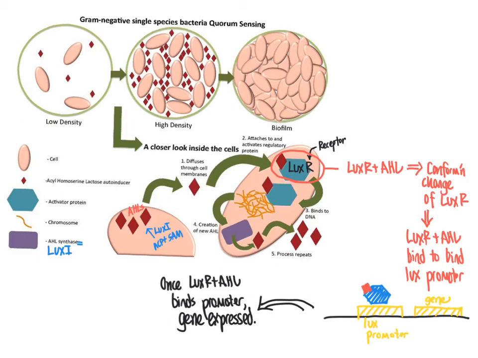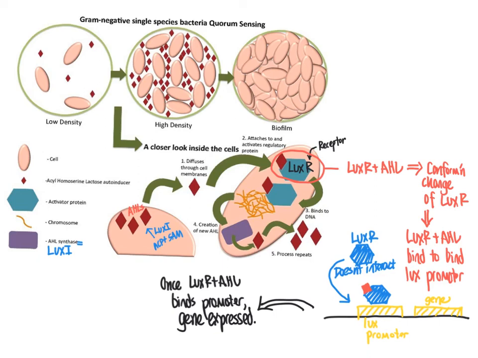On the other hand, if we have LuxR that is not associated with the acyl homoserine lactone, that LuxR, which I'm drawing out here, does not interact with the Lux promoter because it does not have the proper conformation. So it's essential that the acyl homoserine lactone come in and bind to LuxR in order to activate the genes that are under the control of the Lux promoter here.